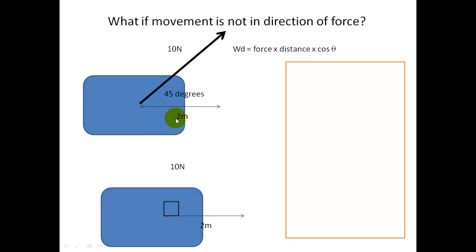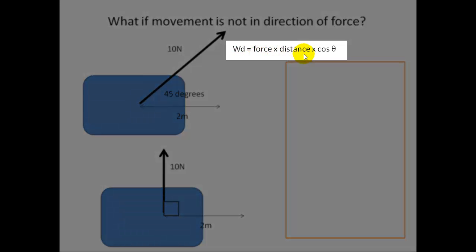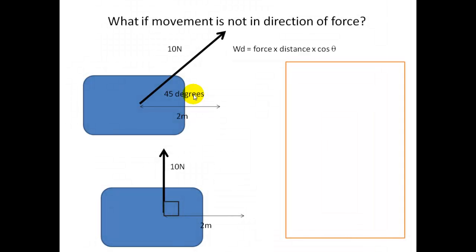The work done in making it move 2 meters is not 2 times by 10, which is 20 joules, because it's only the horizontal component of the 10 newtons that is actually doing the work. So the work done is force times distance times by the cosine of the angle between them. When the cosine is 1, in other words, when it's 0 degrees, then it's force times distance.